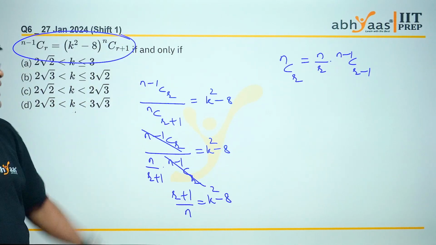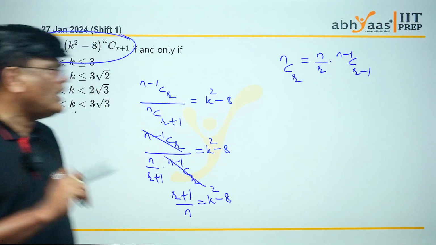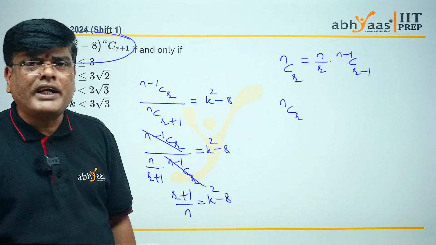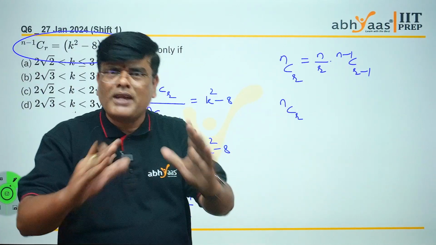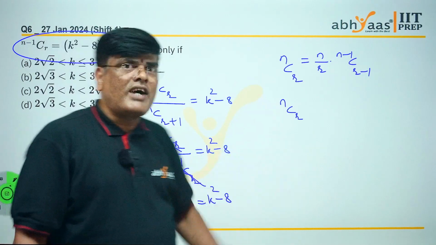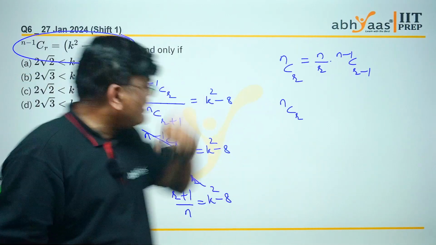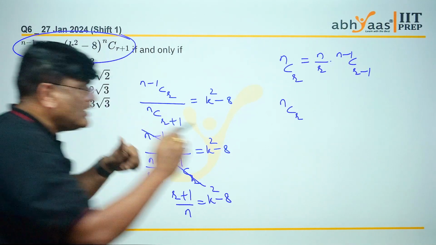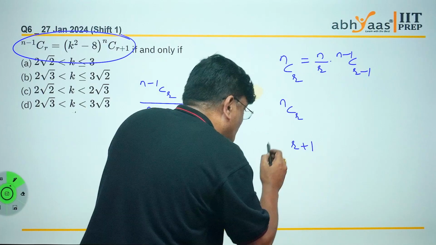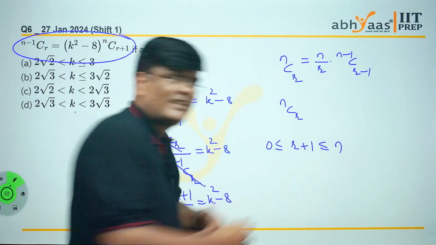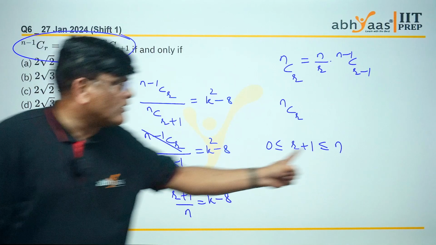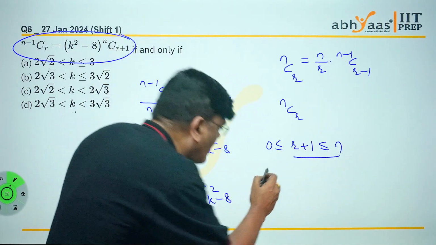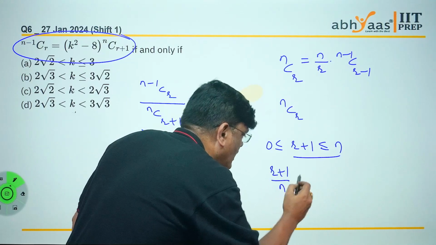Now if we observe NCR plus 1: generally when we consider NCR, R varies from 0 to N. That is the fundamental concept. Similarly, in the given equation NCR plus 1 is there, so R plus 1 varies from 0 to N. From the right inequality, R plus 1 by N is less than or equal to 1.